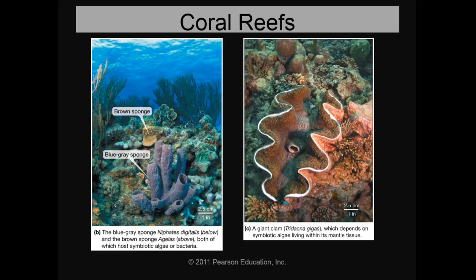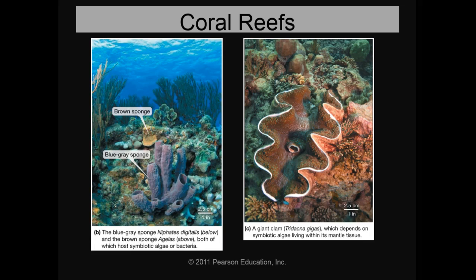Here we have a coral reef on the left. You can see there's kind of a background of coral, and there's two different types of sponges there. Sponges are really unique organisms. They're kind of like coral, where it's not just one big organism, but a whole community all living together as one plant-like structure.